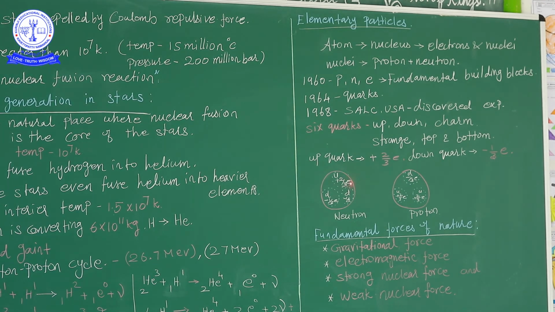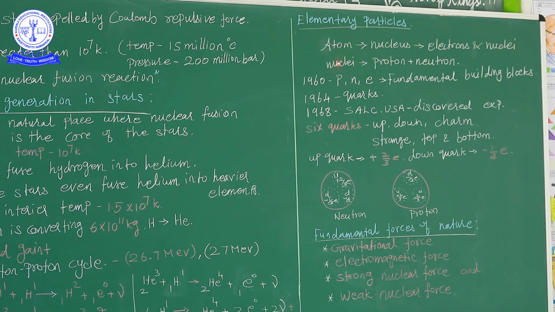According to the quark model, the neutron is made up of 1 up quark and 2 down quarks. The proton is made up of 1 down quark and 2 up quarks. You can see this in the diagram.